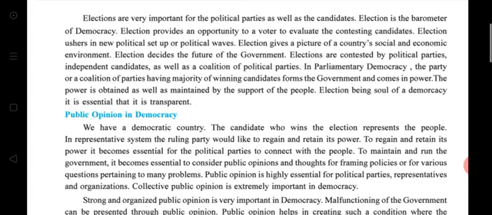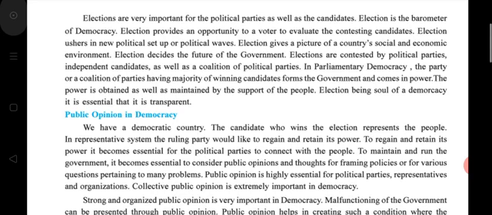But if the public supports another party in the next election, then this government does not continue in the future. So power is obtained as well as maintained by the support of people. So the support of people is the most important factor in democracy.